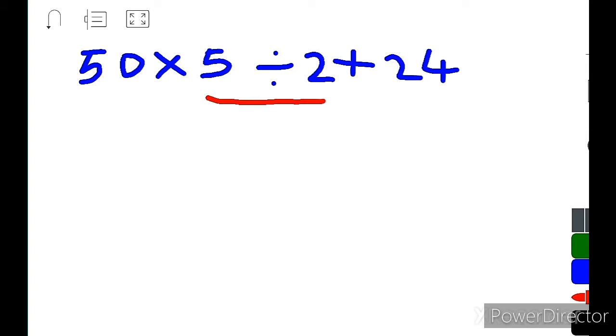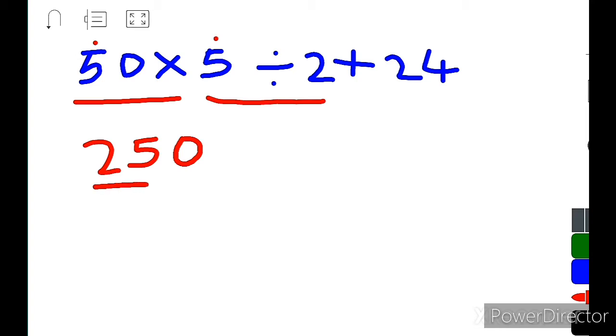So we will first solve the multiplication, that is 50 into 5 will give you the answer 250. 50 multiplied by 5 will give you the answer 250. How come 250? 5 5s is 25 and 1 zero. Understanding? Now the rest, whatever is there, we will write, divided by 2 plus 24.